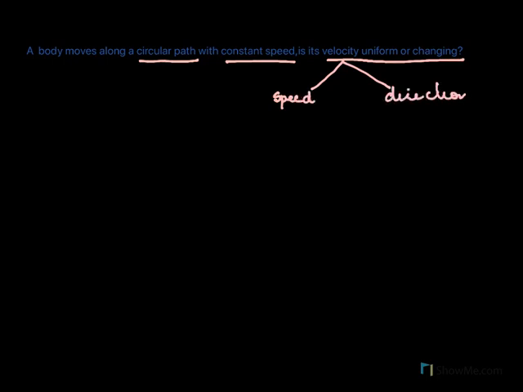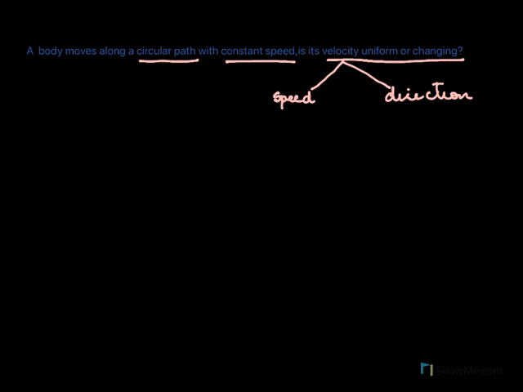A body moves along a circular path with a constant speed. Is its velocity uniform or changing? Now we know velocity has two aspects. It has the magnitude, which is the speed, and it has direction. For velocity to remain constant, both should be constant. The speed should be constant and the direction also should be constant.